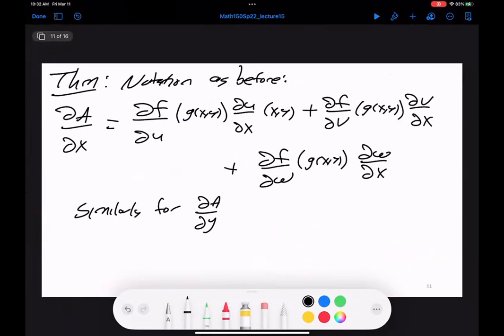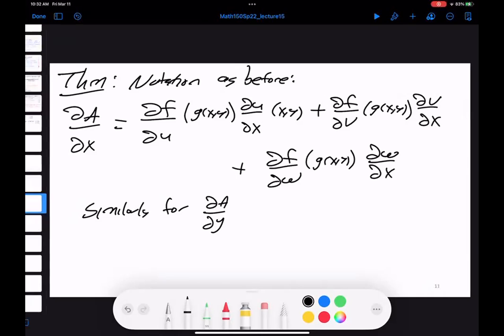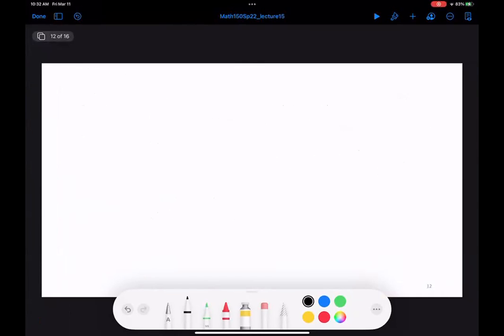when I look at dA dx, I want to say, well, first of all, how is f changing with respect to the first coordinate u? And that's my df du. And then I magnify that by how u is changing with x. So in the video, I go through and do this in much greater detail by looking at, well, let's just calculate it the long way.